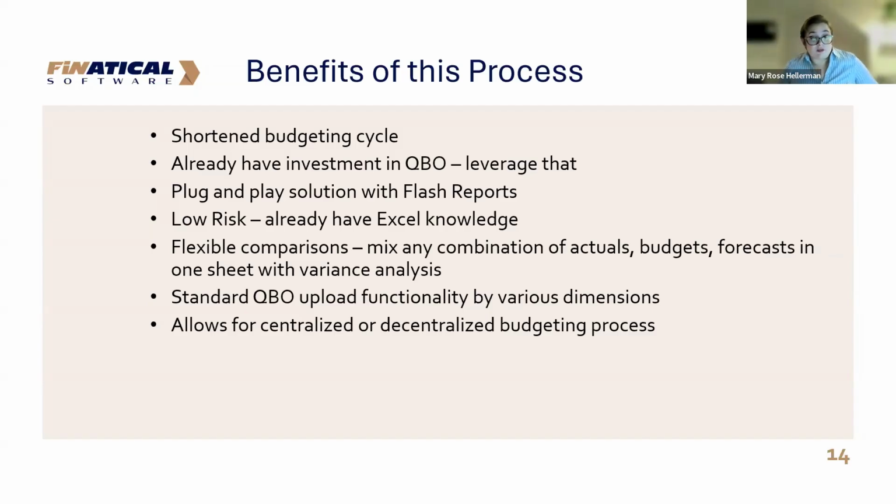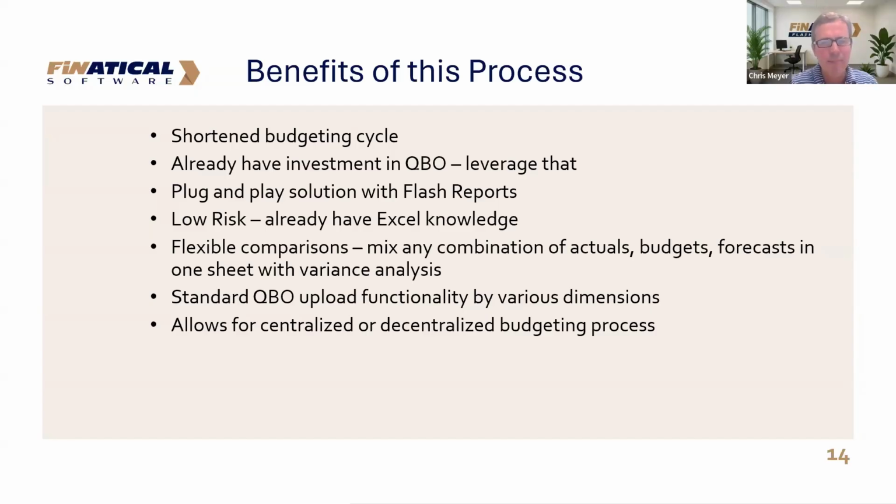For the budget versus actual report, you can mix any combination you want of budgets, forecasts, and actuals in one sheet. You're not stuck with just the QuickBooks versions of the actual versus budget reports. The upload functionality is standard in QuickBooks. You can put it in by class, by customer, or by department. And then you can use a centralized or decentralized budgeting process.